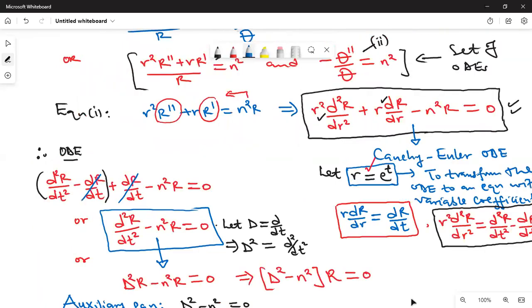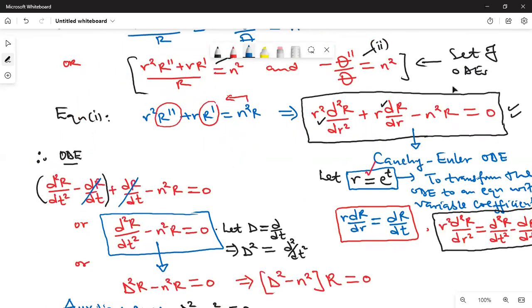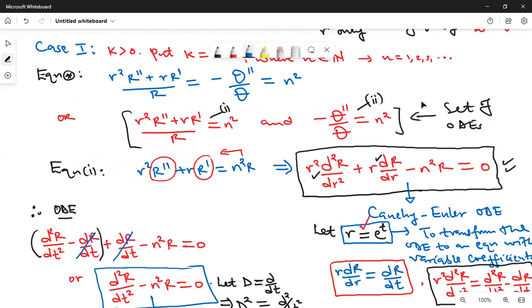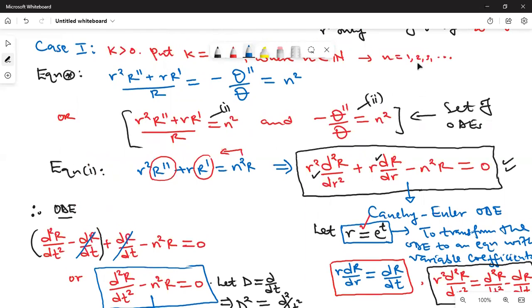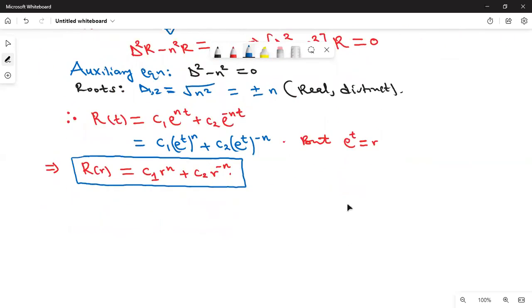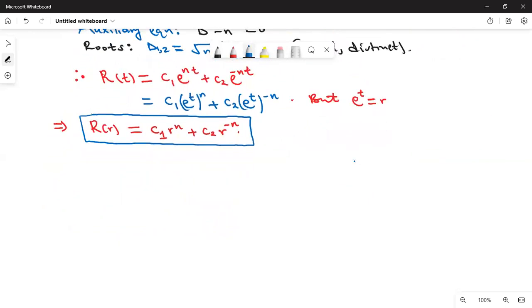What was it? We can go back and check. The one we called equation 2 was negative theta double prime over theta is equal to n squared. So I'll write here equation 2.